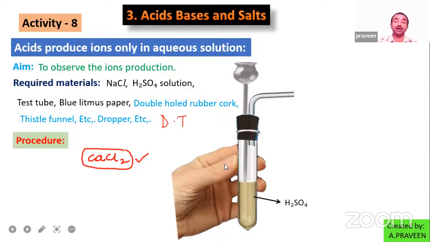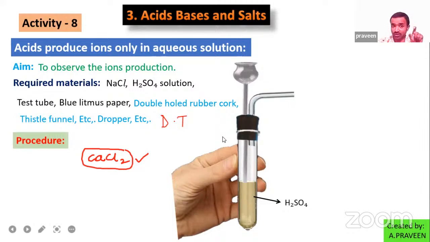Then after adding this sulfuric acid, we have one more substance. This is anhydrous calcium chloride, where we have to use that. Actually, this one is not to be dropped into the sulfuric acid. We are observing the reaction only between sodium chloride and sulfuric acid, not between the sulfuric acid and calcium chloride.